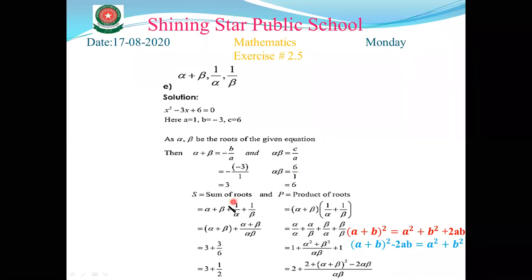Now the sum of the roots is alpha plus beta plus 1 over alpha plus 1 over beta. When we take the LCM, 1 over alpha plus 1 over beta will give you alpha plus beta divided by alpha beta. Alpha plus beta is 3, and here is also 3. 3 1s are 3, 3 2s are 6, 3 plus 1 over 2.